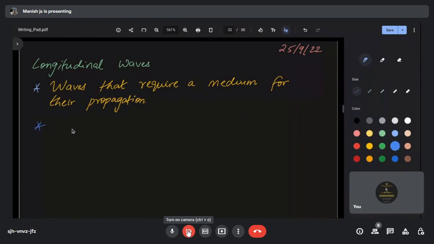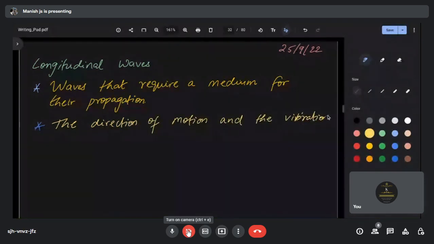ரெண்டாவது point என்ன பார்த்தோம் ஸ்லைட்ல, these longitudinal waves, the direction of motion, அதை பத்தி நம்ம பார்த்தோம், very important. So the direction of motion and the vibration of particles are parallel or perpendicular. What did we say? Parallel. Yes, are parallel to each other.